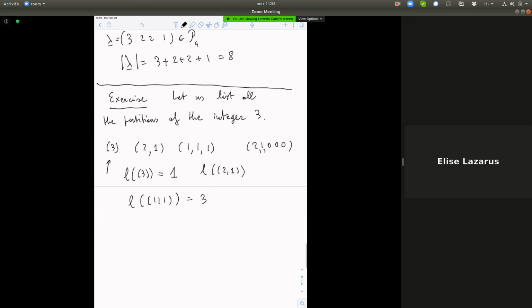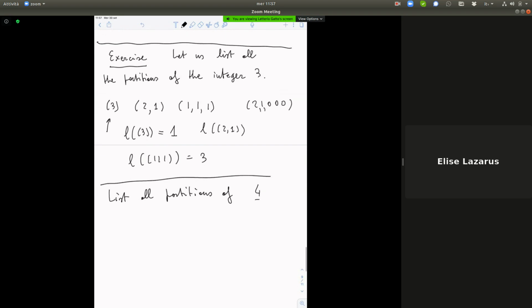So, Elise, let me exploit you a little bit more. Let's list all partitions of the integer 4. We have the first, which is 4, then tell me another one. You can have 2, 2. Very good. 2, 2 is a partition of 4, but suppose we want to list the partitions of the integer 10.